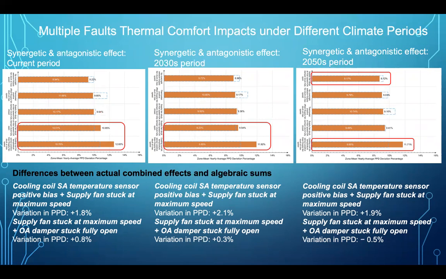In addition, the obvious difference is that the deviation from HVAC sum in PPD for supply fan stuck at maximum speed and outdoor air damper stuck fully open decreased from 0.8% under the current period to 0.3% under the 2030 period, and further to minus 0.5% under the 2050 period.